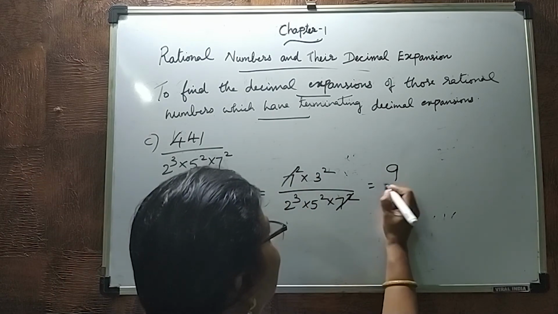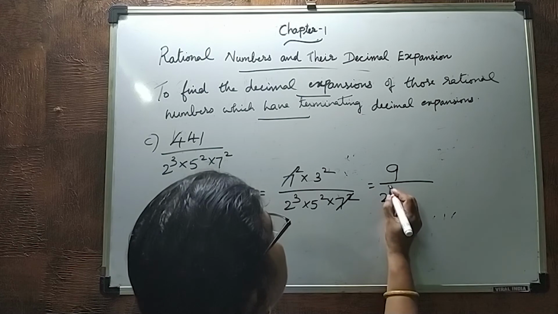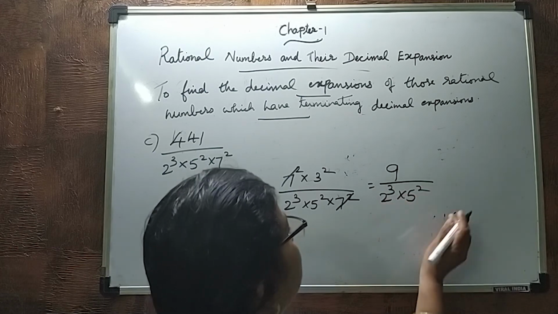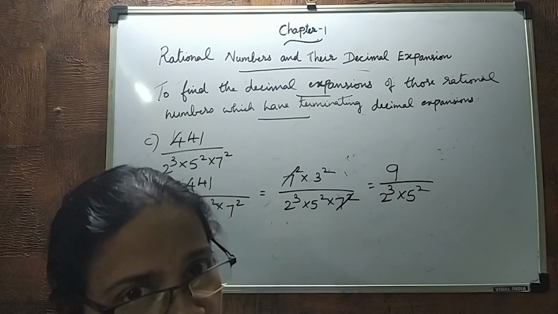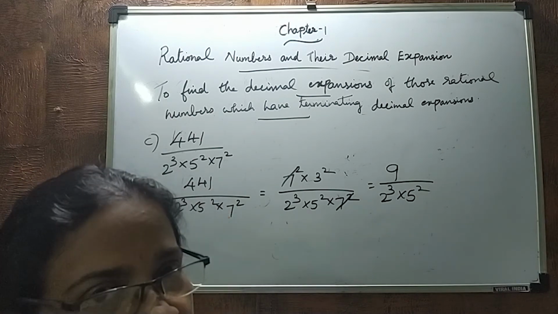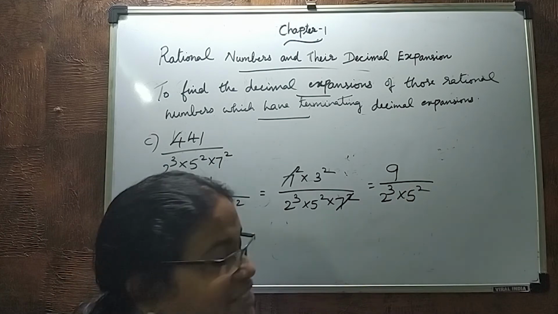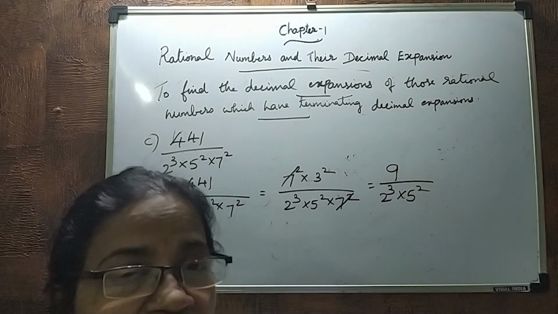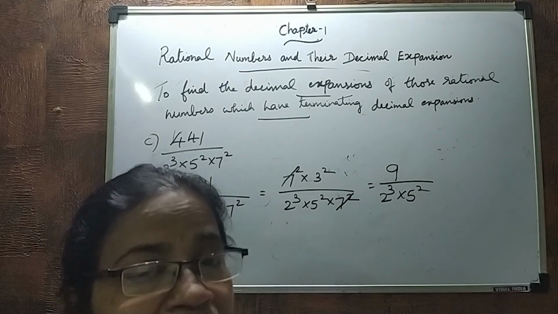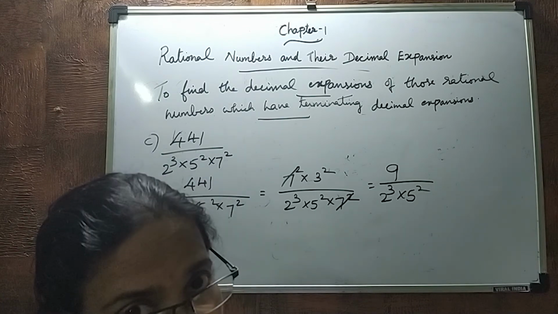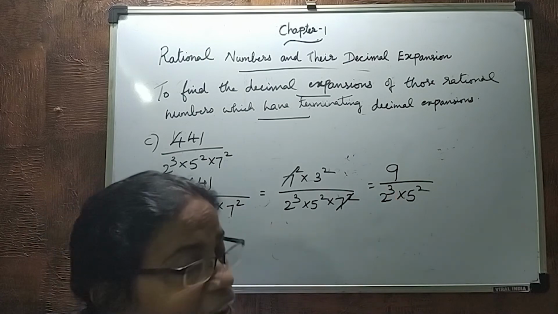You will get the answer 9 by 2 raised to 3 into 5 raised to 2. Now look, here also they are in the form of 2 raised to m into 5 raised to n. But the thing is that they don't have the same exponent. If you want to find out the decimal form, you have to make them into the same exponent. So here 3 is the highest one.